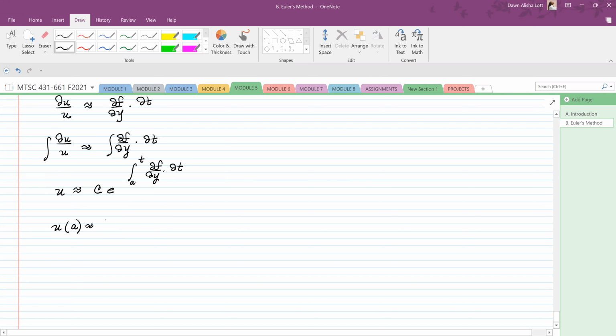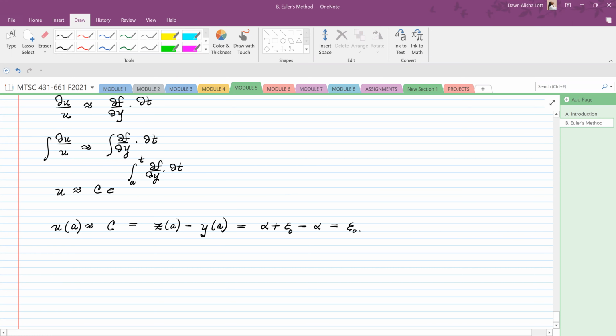Put an a in there, I just get the constant. But that is z of a minus y at a, and that is equal to alpha plus epsilon naught minus alpha, which equals epsilon naught.